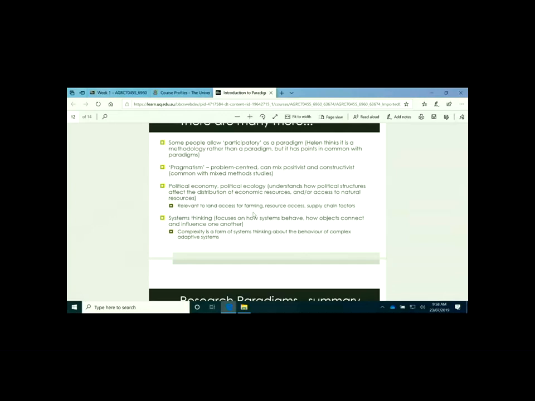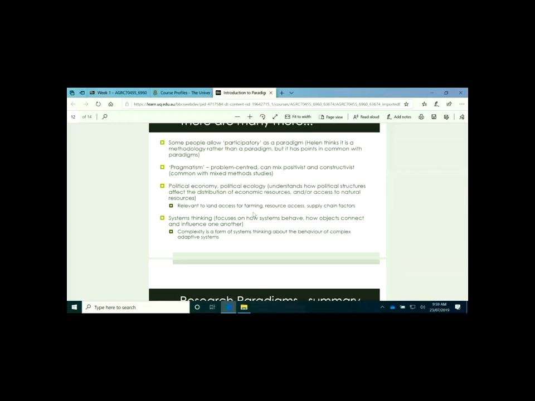There's one called pragmatism, which is focused on problems, which can mix both positivism and constructivism. And probably in reality, a lot of us are pragmatists, and we probably fit in with that sort of framework, a bit of both. And anyway, there are others there.